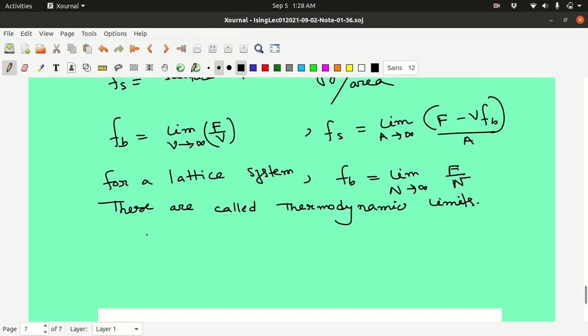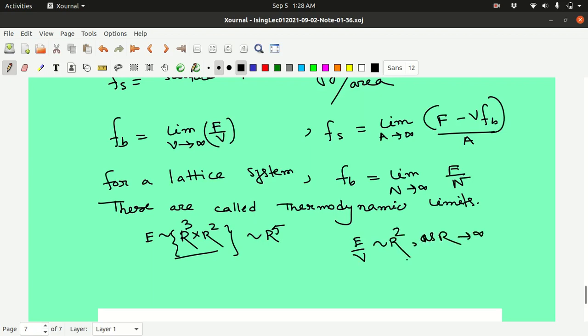Then you can calculate this E, the energy, which will vary as R cubed times R squared because of the Coulomb force, so it varies as R to the power 5. If you take the ratio F by V, which I denoted here by E, then E by V varies as R squared, and as R tends to infinity this ratio tends to infinity, which diverges in the thermodynamic limit. So this is the long range interaction term.